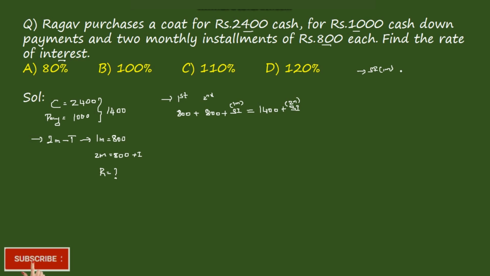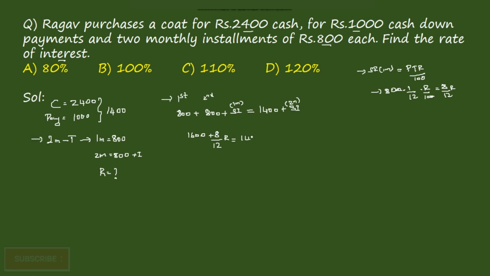The formula is P into T into R by 100. P is 800, T is 1 month, so 1 by 12, into R by 100. The zeros get cancelled, it becomes 8 by 12 R. So 800 plus 800 is 1600, plus 8 by 12 R is equal to 1400 plus simple interest of 2 months.